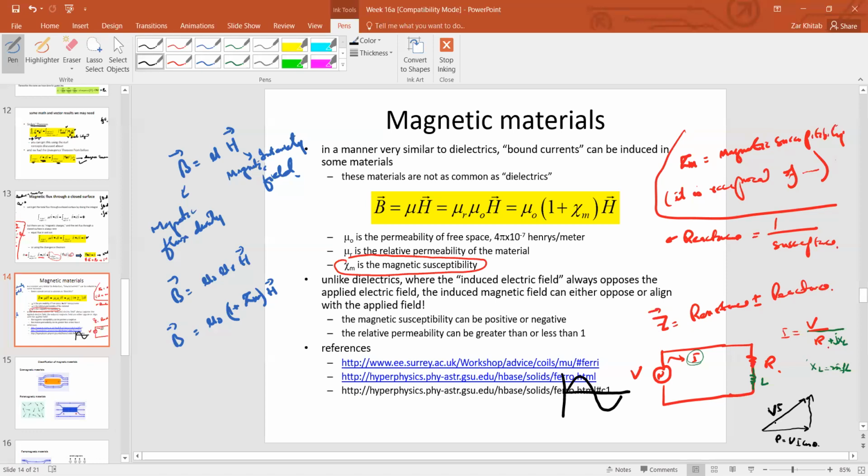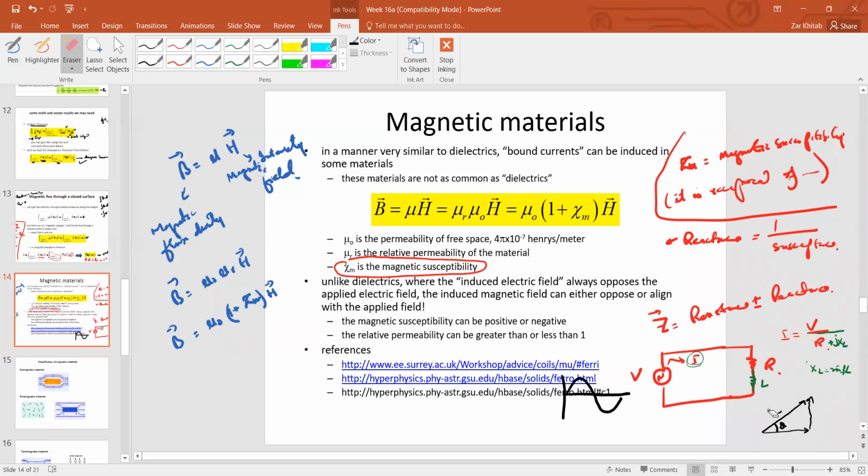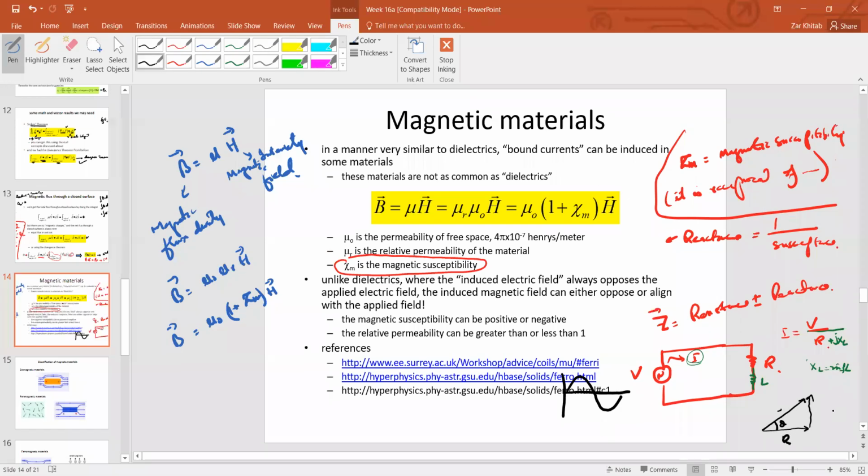If this is the theta, and say this is my R, this is XL, then this is the apparent power. Typically we denote apparent power with S. Part of the apparent power is going into inductance.